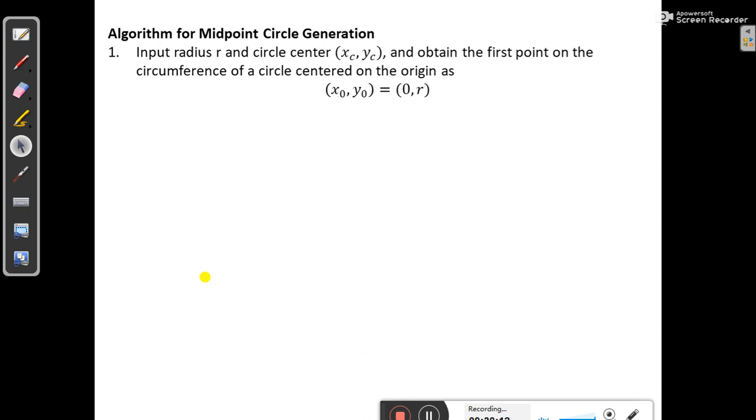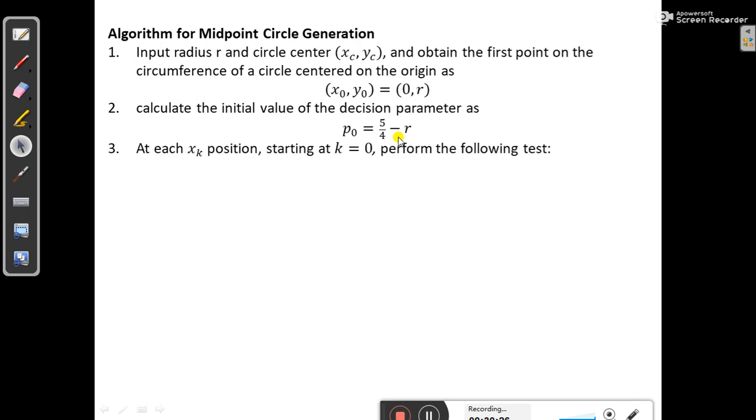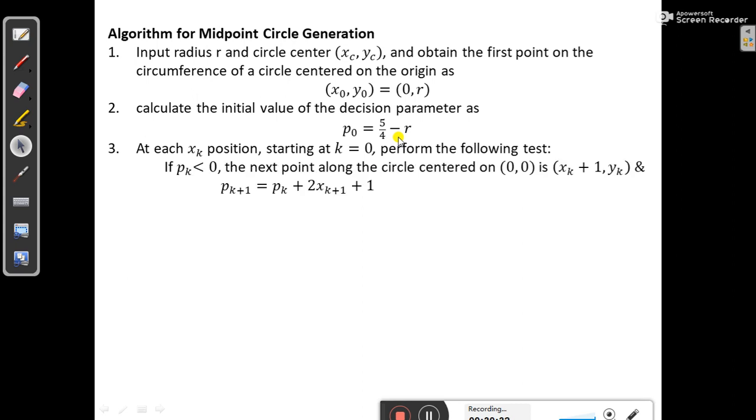So now the algorithm is midpoint circle generation. Our equation will be this one, a very important decision parameter, 5 by 4 minus r. You try to understand this, how we can find that by going to the derivation part. At each xk position starting with k equal to 0, perform the following test.